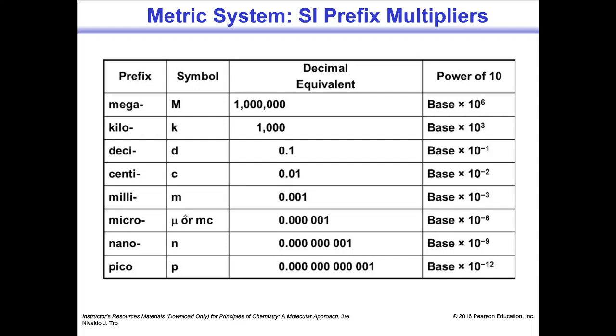So micro will be mu, nano will be little n, and pico will be little p. So you may have so many picometers or so many nanometers. We'll talk about that a lot. Or you could have so many kilograms or so many kilometers. These go in both directions, and you'll become familiar with these as we continue along through the class. But do make sure you have a good grip on the metric system because that's what we'll be using. If you don't quite know it, make sure you get to know it.